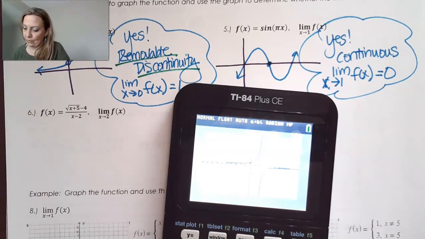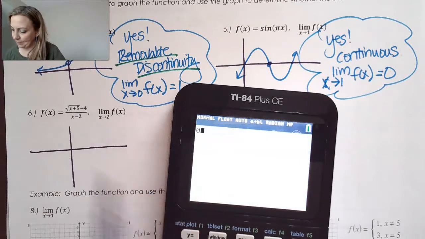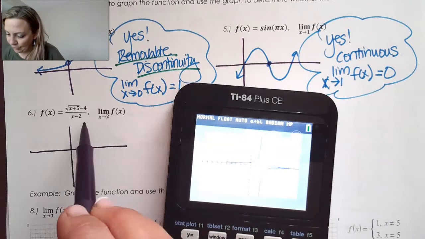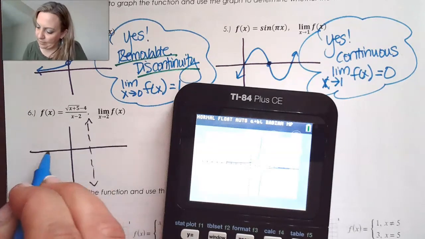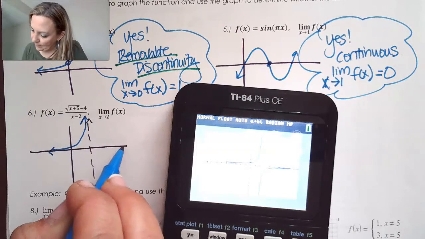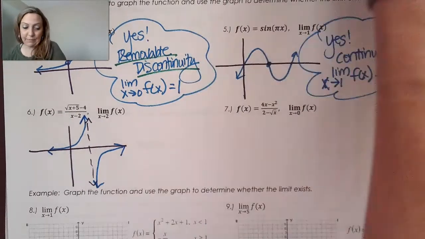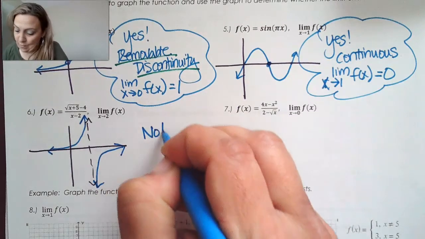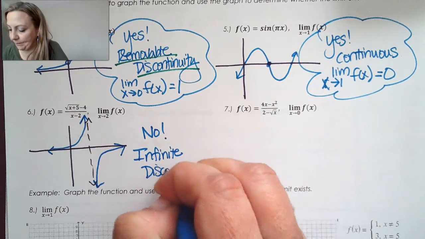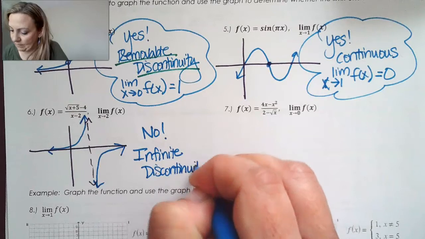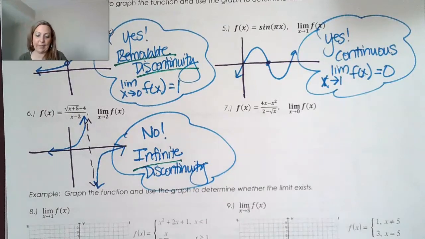And we can see from our graph that it looks like at x equals 2, there's an asymptote that we see it approaches an asymptote over this way and this way. So because there's an asymptote at that, we're going to say no. And the reason is because there's that infinite discontinuity. Okay. So again, because of that infinite discontinuity, that's going to be a no.